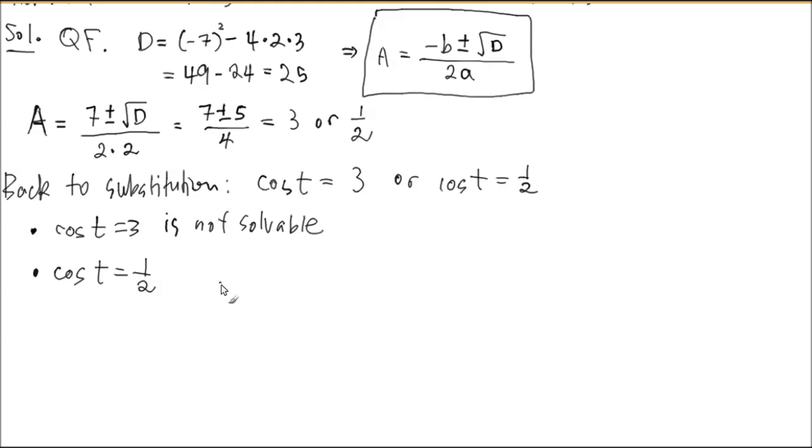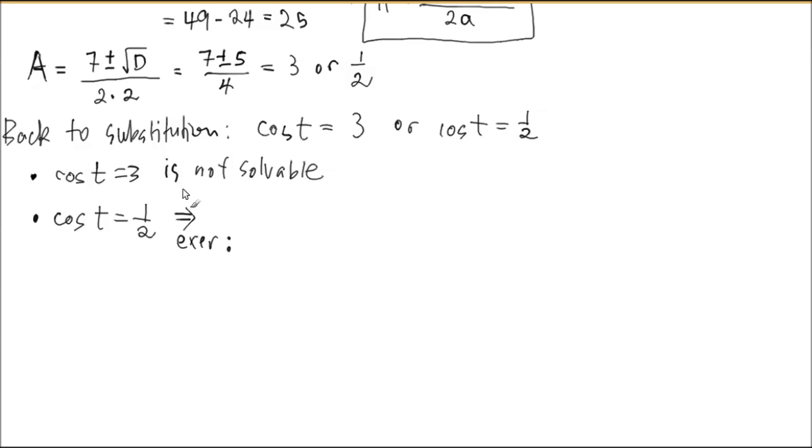So let's solve from here. This is your exercise. Again, if these two are both solvable, then we have to just put them all together. They're all solutions, right? Here, we got only one basic trigonometric equation. So complete that part in here.